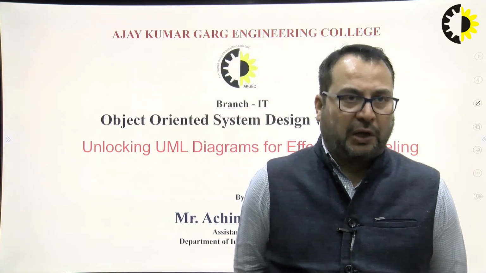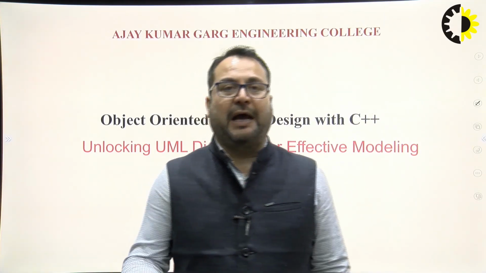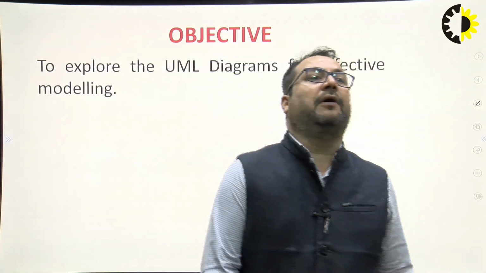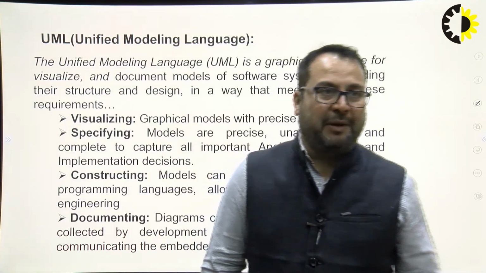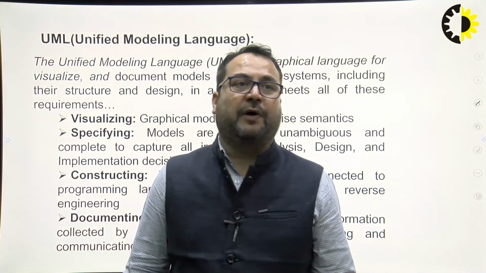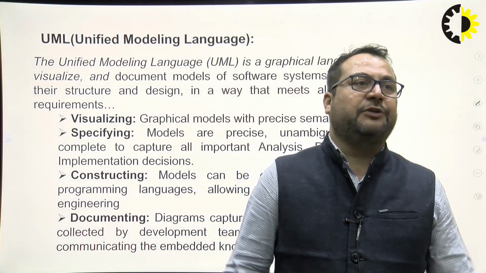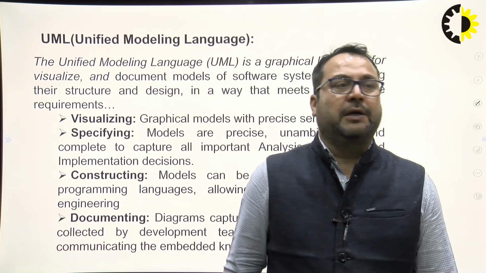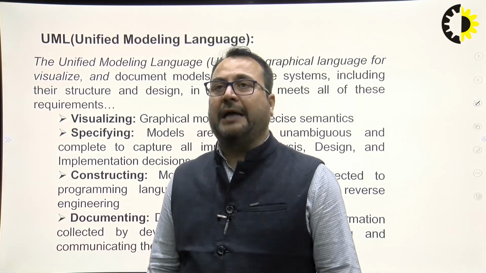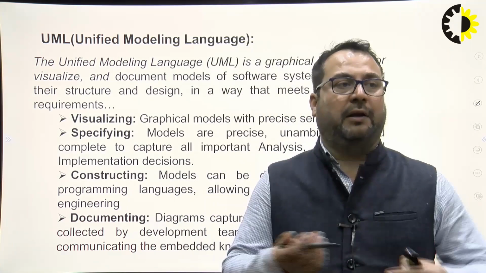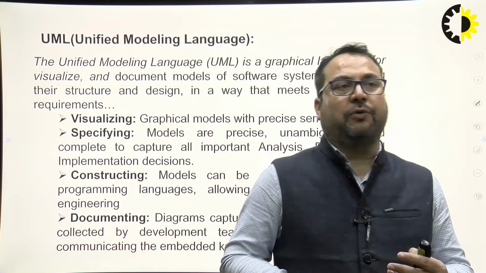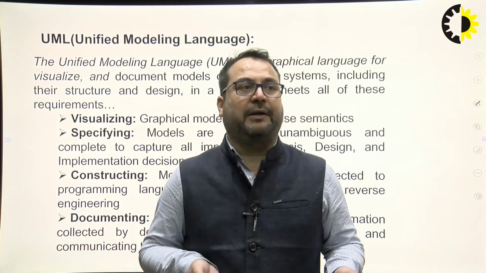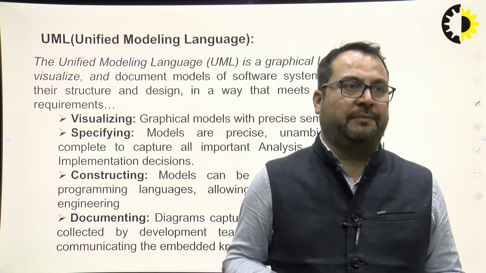So UML is Unified Modeling Language, and it is used for visualizing and documenting models of software systems. It covers how you are going to model, visualize or document the software system processes.